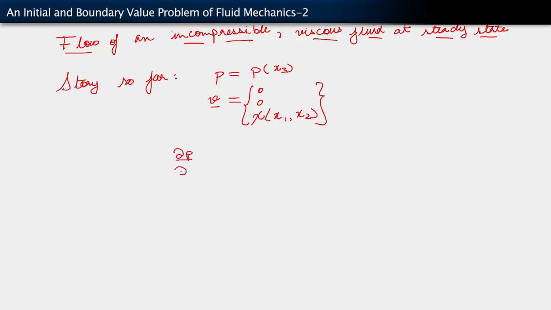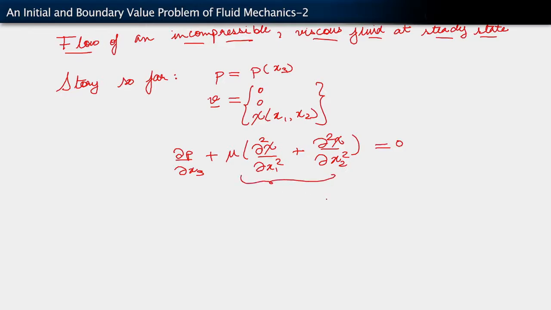Partial of p with respect to x3 plus mu times the second derivative of chi with respect to x1 square plus second derivative of chi with respect to x2 square. This is equal to 0.